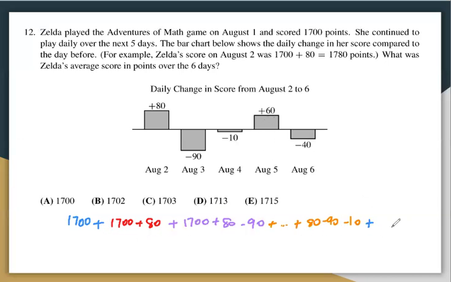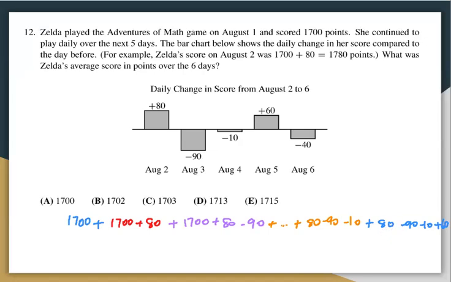So you may just go ahead and add these if you want to, but I'm going to keep writing the same way so we can have the pattern the same. So that should be minus 10. This was whatever we added on the previous day, but now we do have plus 60, which has to be added. And the last one is minus 40.